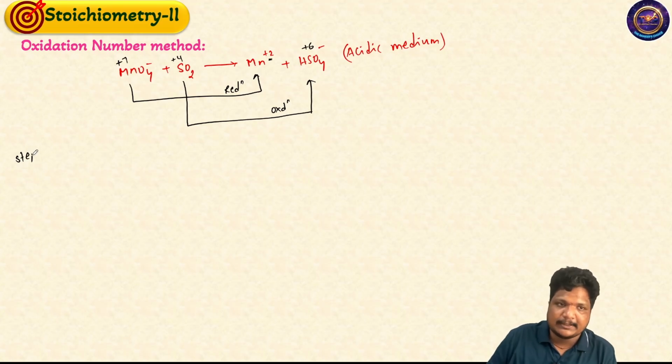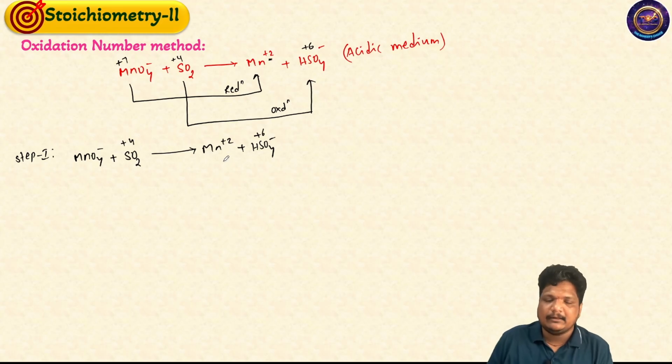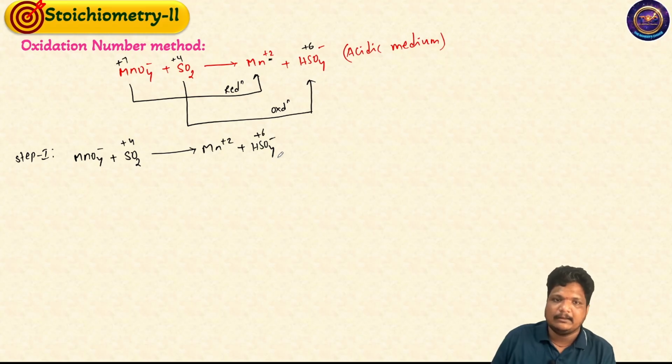So step 1: MnO4 minus plus SO2 gives rise to Mn2+ plus HSO4 minus. Okay, so here it is +6, it is +4. Balance the atoms other than oxygen and hydrogen. So here manganese, manganese, sulfur, sulfur, so both are balanced.